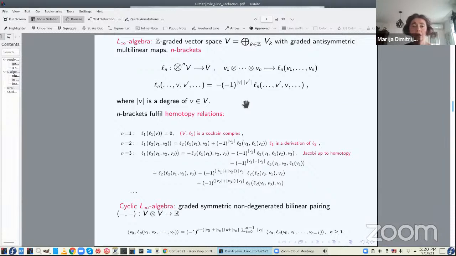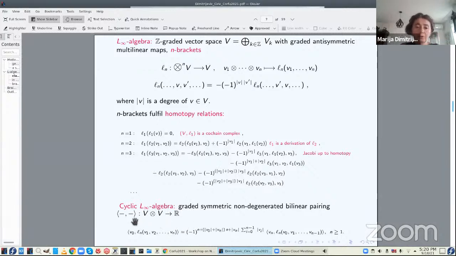They have to fulfill infinitely many, in principle, homotopy relations, which can be seen as a generalization of the Jacobi identity for the ordinary Lie algebra, because essentially the L-infinity algebra is a generalization of the concept of the Lie algebra. And additionally, we need a cyclic pairing because we want to construct an action.